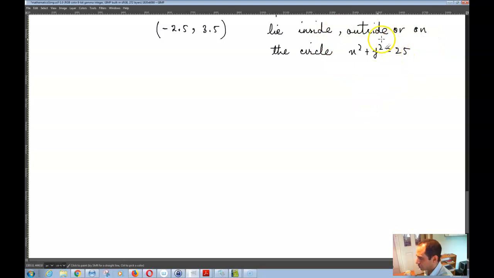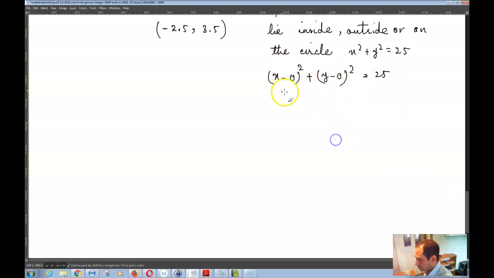Okay, so what this means is that when you see the equation of the circle, x squared plus y squared is equal to 25, that means you have x minus 0 whole squared plus y minus 0 whole squared is equal to 25. That means that your center is at 0, 0, which is the origin.